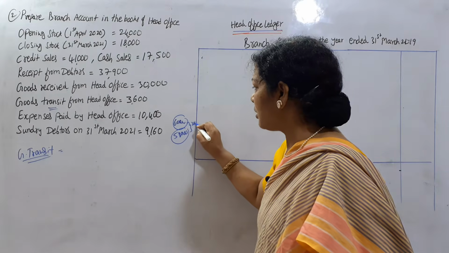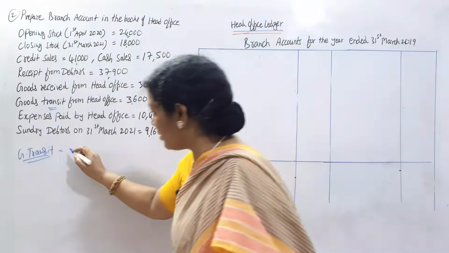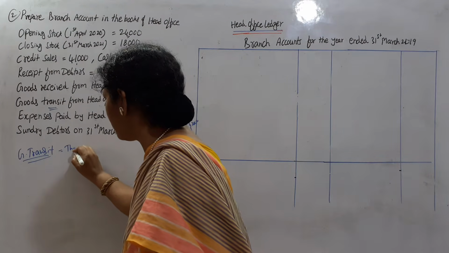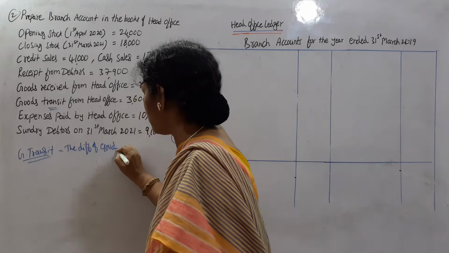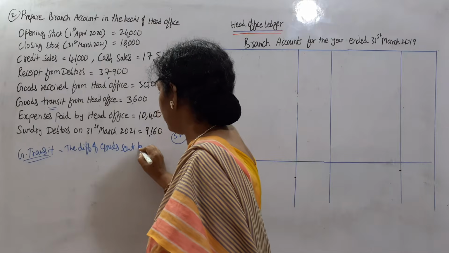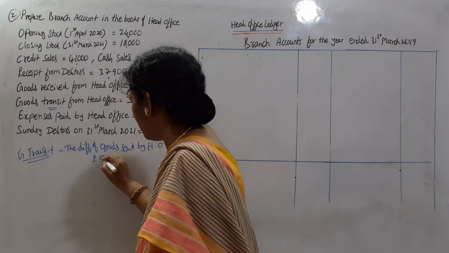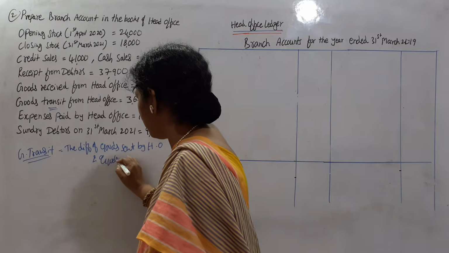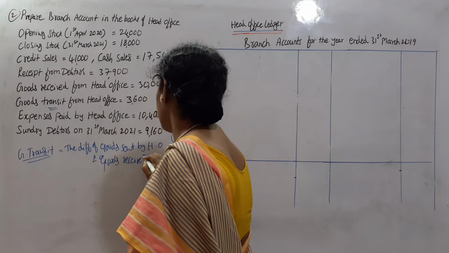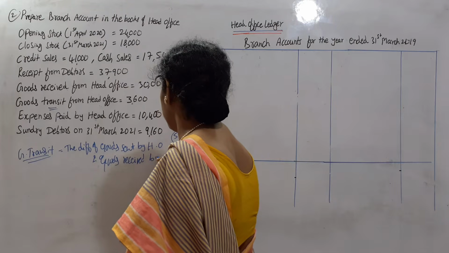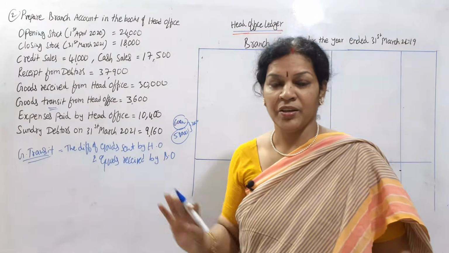So the difference of 2,000 is the goods in transit. Goods in transit means the difference of goods sent by head office and goods received by branch office. The difference we say as goods in transit.